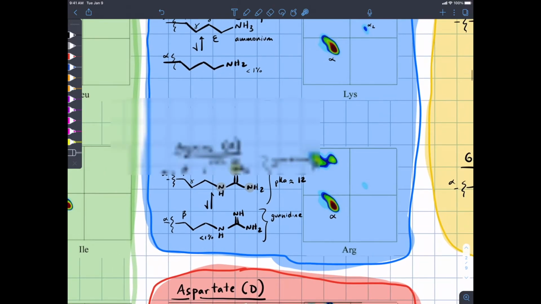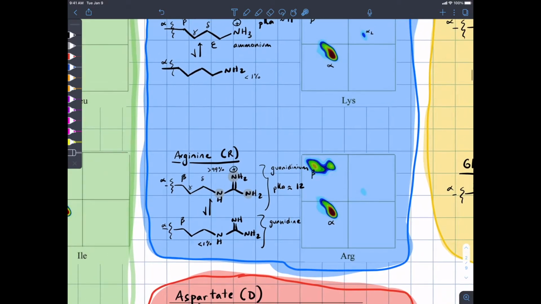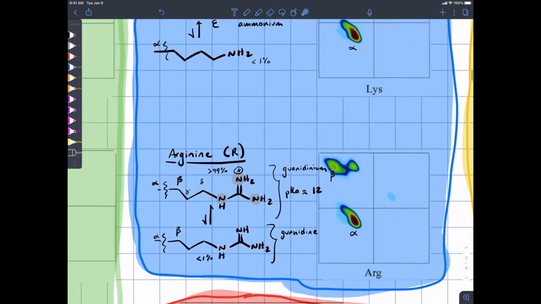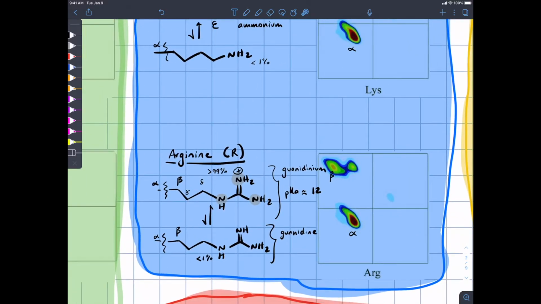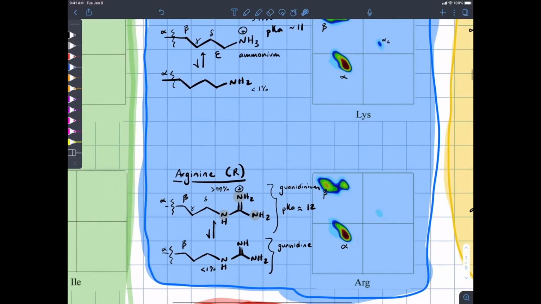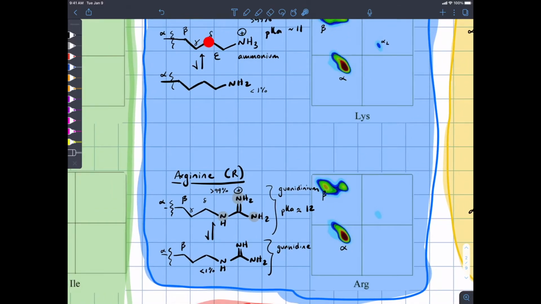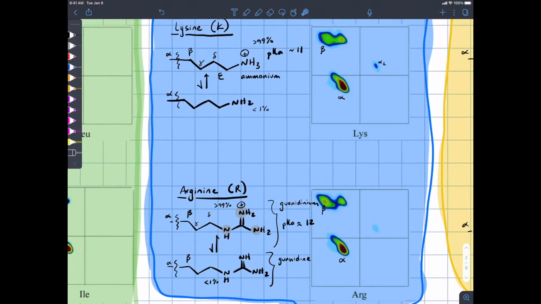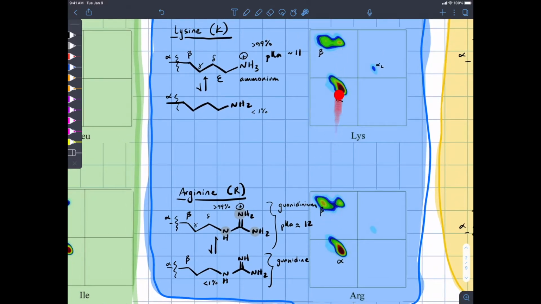And you can see that arginine sort of looks like lysine, only we only get to the delta carbon before we have a nitrogen. So instead of with lysine, we get out to the epsilon carbon and there's a nitrogen. For arginine, we get out to the delta carbon, and then there's this guanidinium functional group. But if you look at their dihedral angle preferences, they're similar. In many cases, you can use these interchangeably.